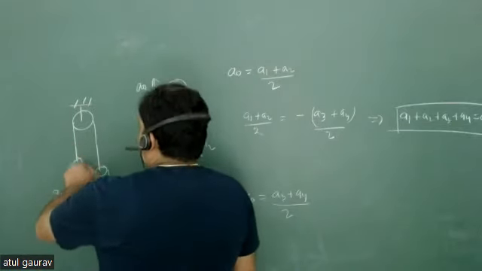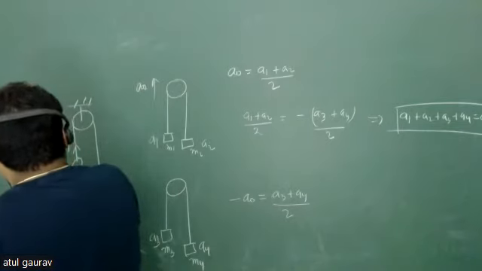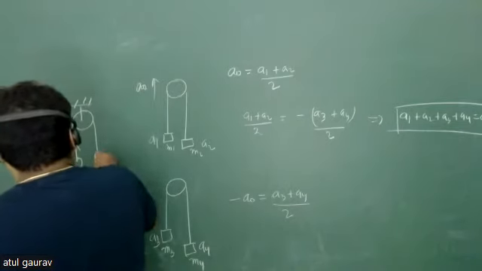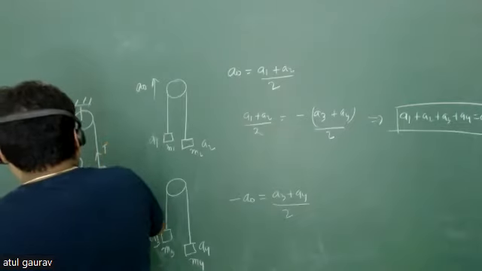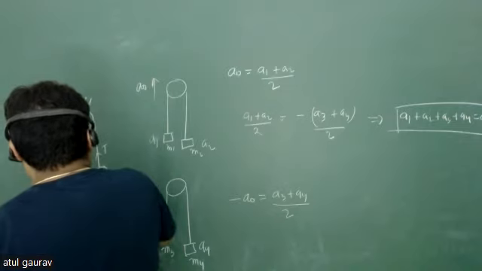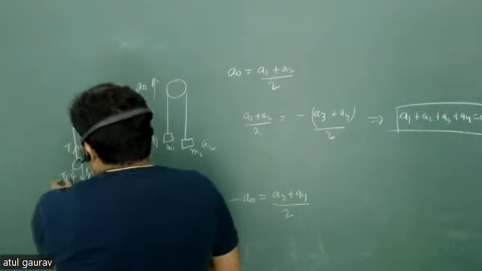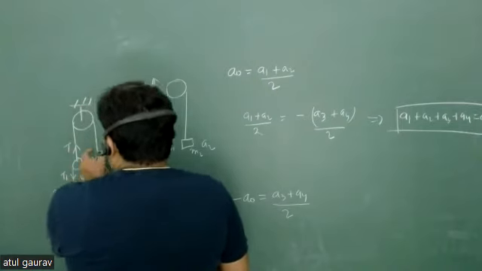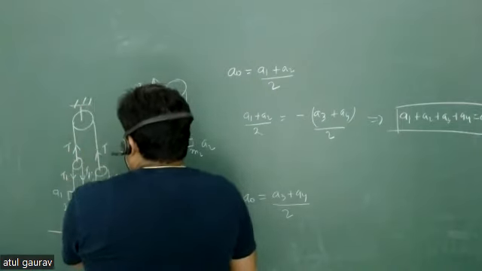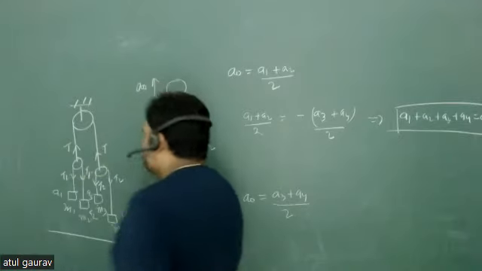Because this will be tension T, and this will be T1, this will be T2, this will be T1 also, and this will be T2. Again you can find this T is equal to 2 times T1, and this T is equal to 2 times T2, so T1 is equal to T2, and here the tension in both will also be the same.